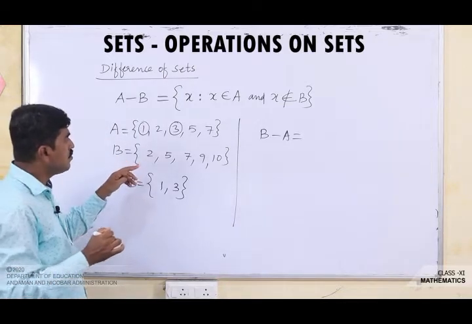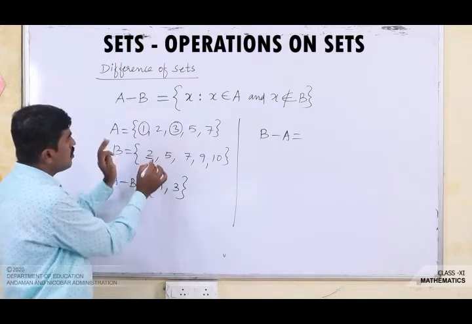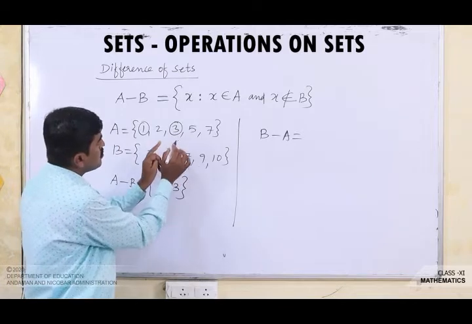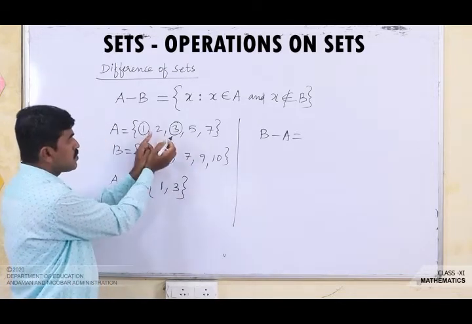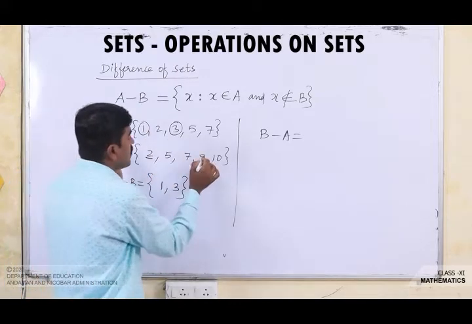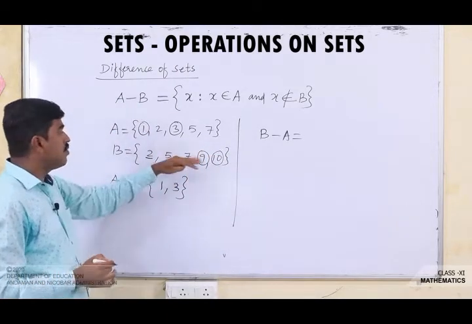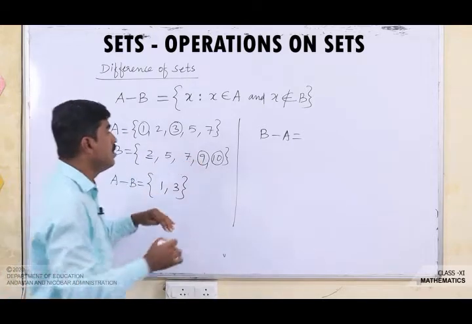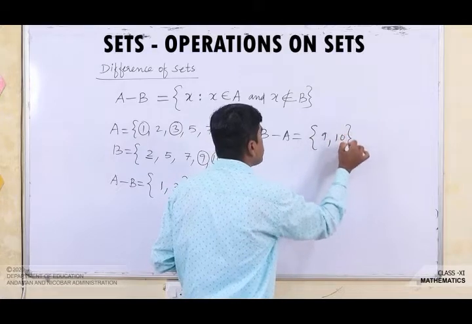So what are those elements? Here 2 belongs to B, 2 also belongs to A, 5 belongs to B, 5 also belongs to A, 7 belongs to B, 7 also belongs to A. That means the elements 9 and 10 are the elements which belong to B only. So we will get {9, 10}.